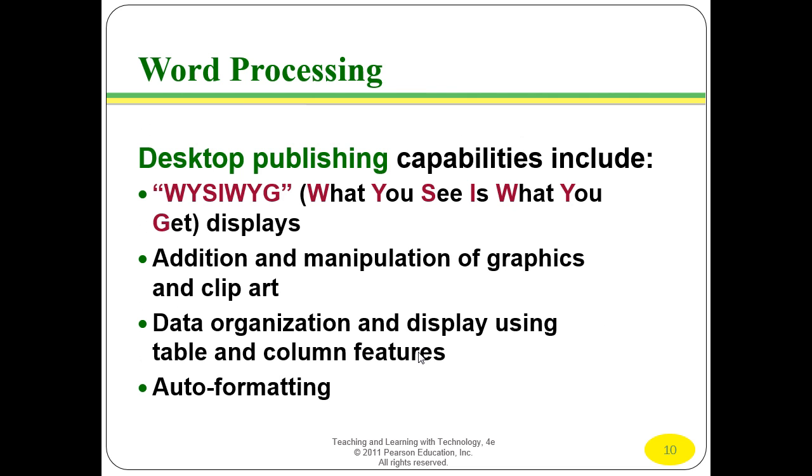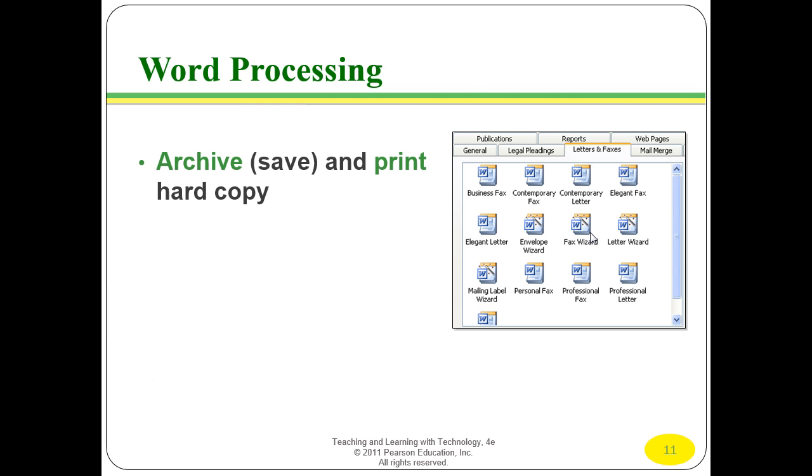And finally, what's nice is the auto formatting capabilities that let you set your format and set your style right off the bat. You just select a style that would look good for maybe a brochure, and then once you've got it, it's sort of in the form of a template, and all you've got to do is modify it to meet your particular needs.